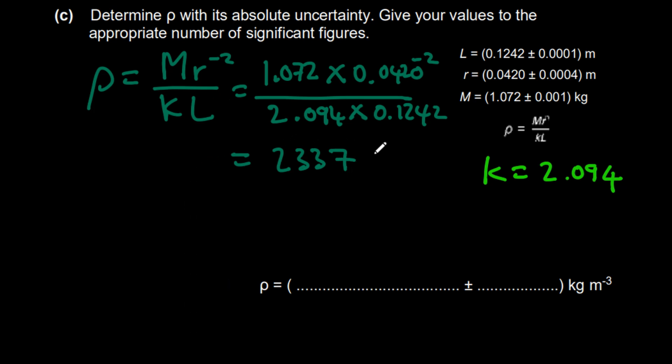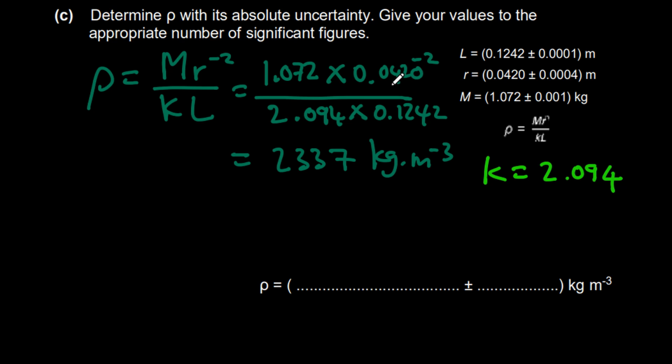Now, this, of course, is kilograms per meter cubed. We need to write the final answer with the correct number of significant figures. If we look at the number of significant figures for each value in our calculation, we see that we have 4 significant figures here, we have 4 here, 4 here, here we have 3 significant figures.